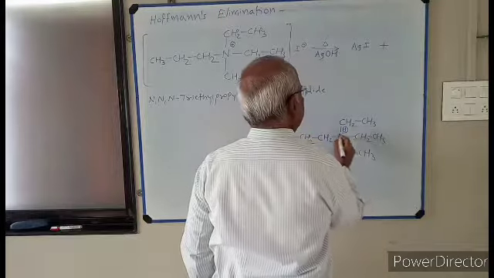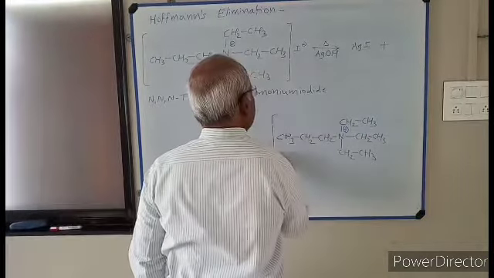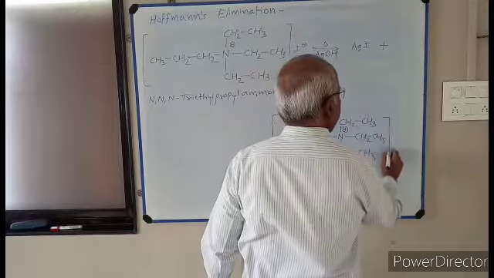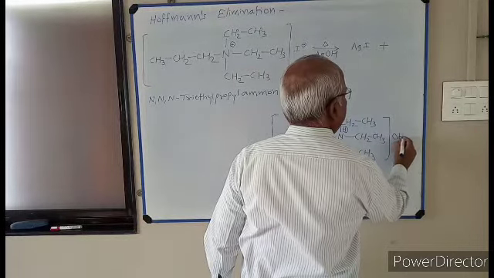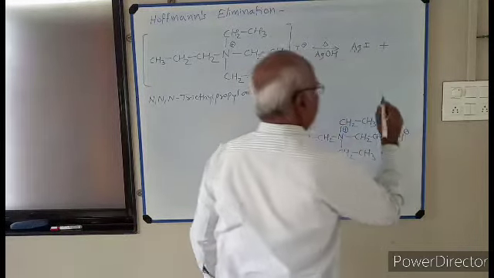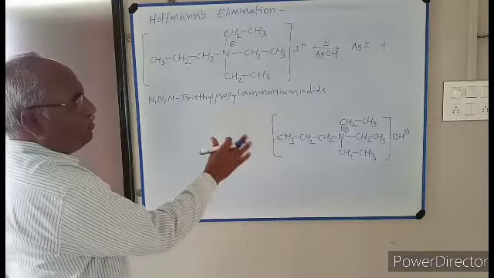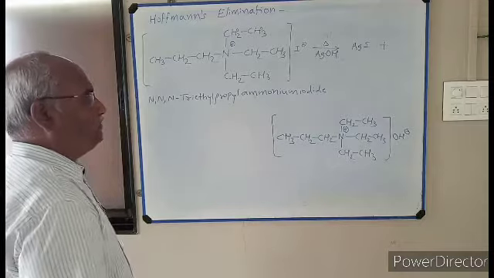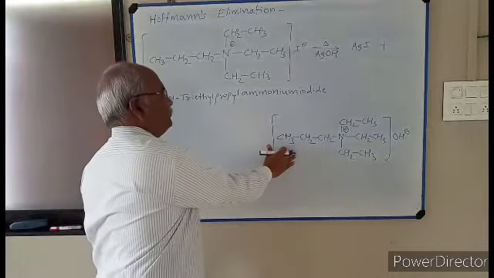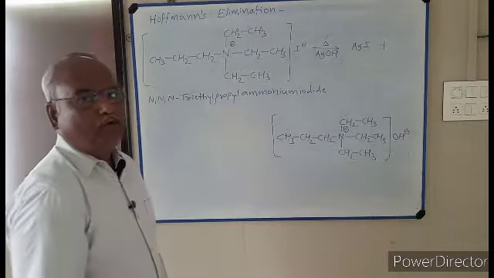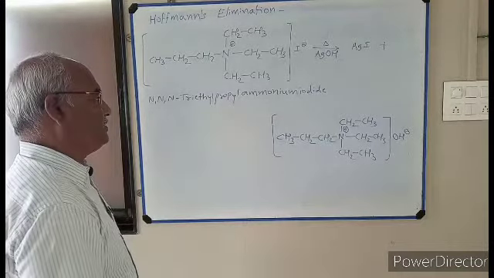Nitrogen is positively charged, enclosed in square bracket, and here is OH minus. Hydroxide is produced. Strong base is produced. It is as strong as sodium hydroxide, potassium hydroxide, etc.